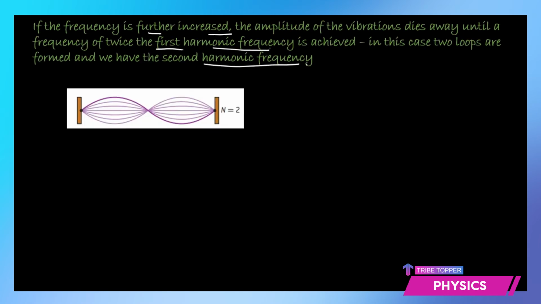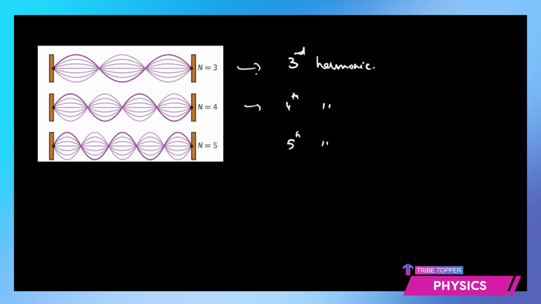Now, if we go to the second case, that is the second harmonic, the same length L now contains two loops. That's one full wave. So within the length L, you have the full wavelength lambda. Similarly, for the third case, n equal to 3, the length L is fixed, but now you have three loops.